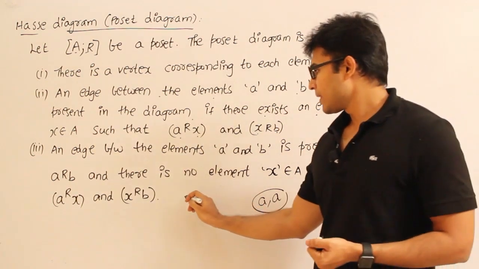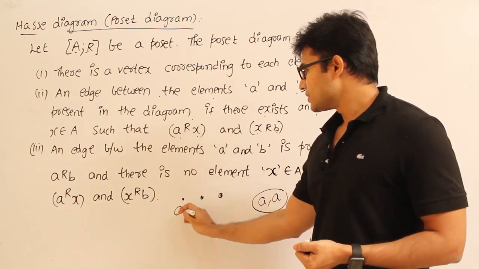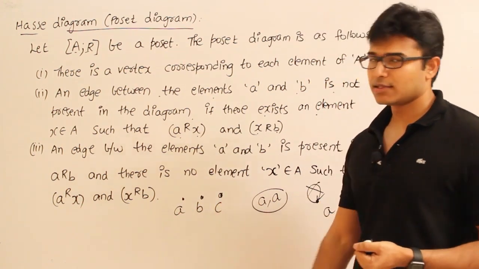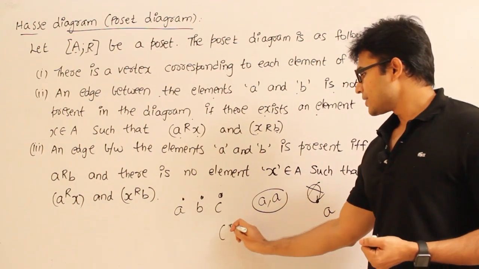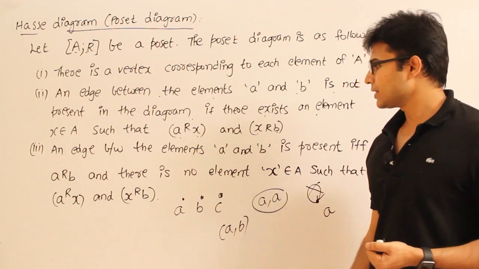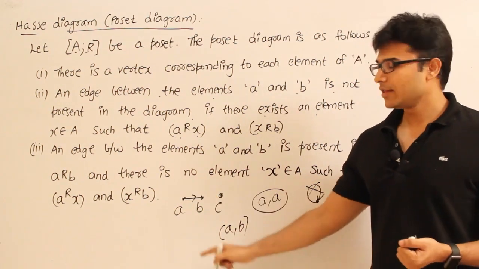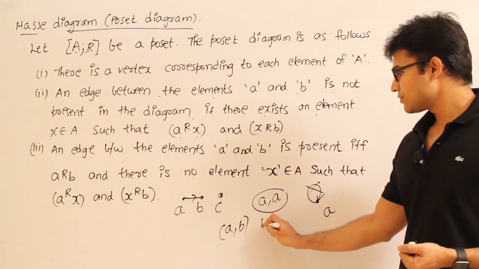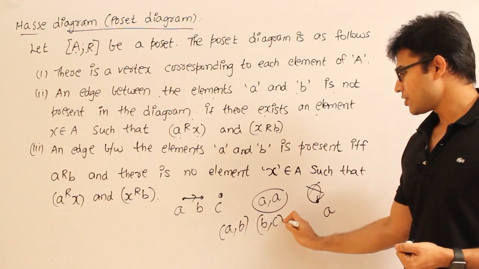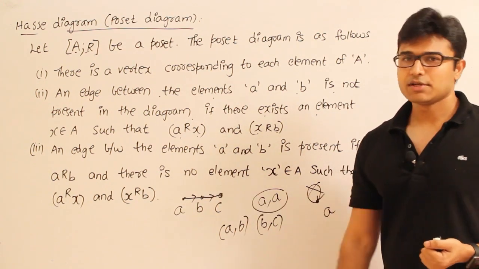For example, if you have three elements A, B and C, and in your relation you have the ordered pair (A, B), there will be an edge from A to B. If you have the ordered pair (B, C), there will be an edge like this.